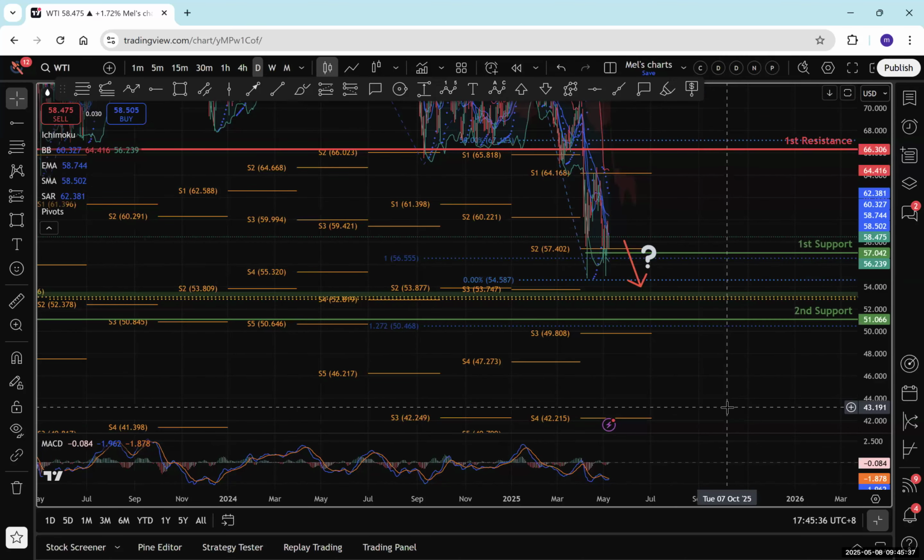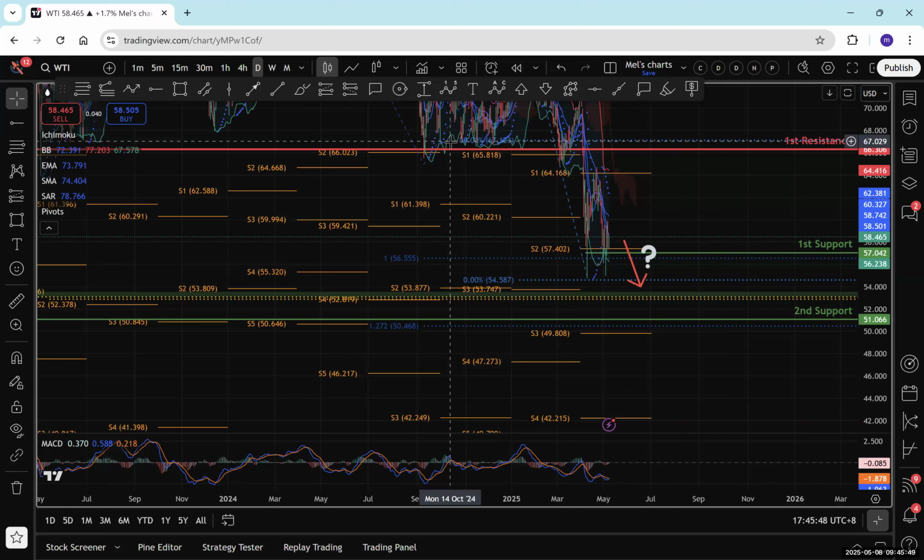If you want the calculation, a very basic calculation formula for pivot point is the high plus the low plus the close divided by 3. Actually, let me just pull out the pivot point slides.